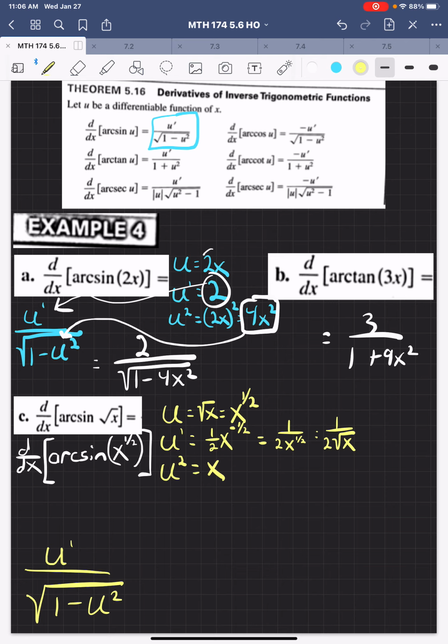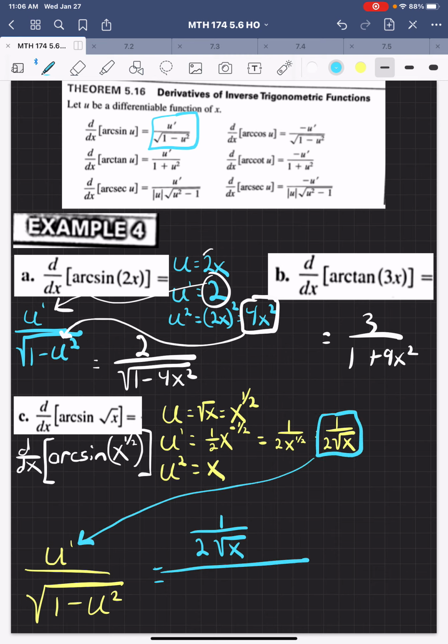Let's go ahead and put everything in the right spot. So it might look like this. Let's start with u prime, so 1 over 2 square roots of x. Right, so this is going here. And that's got to be over the square root of 1 minus what? U squared, which is, in our case, just x.